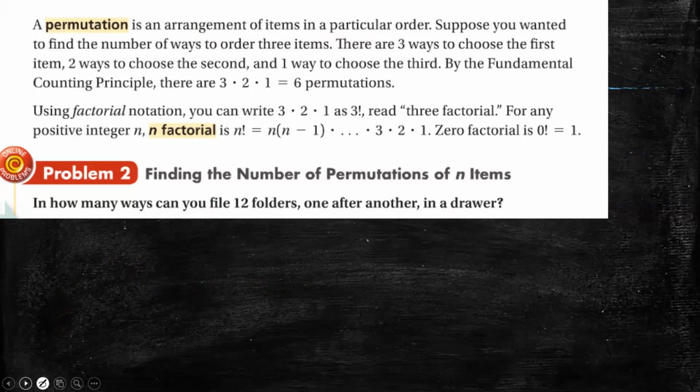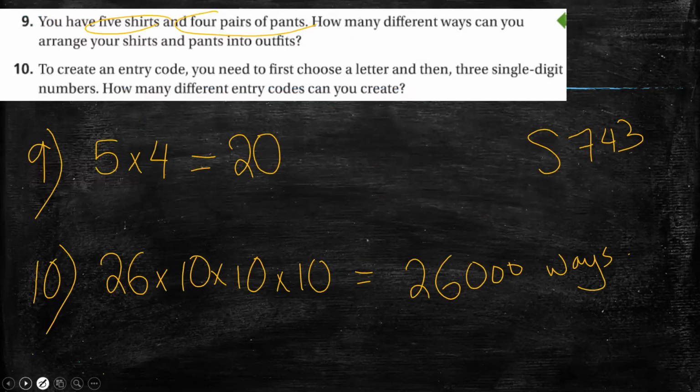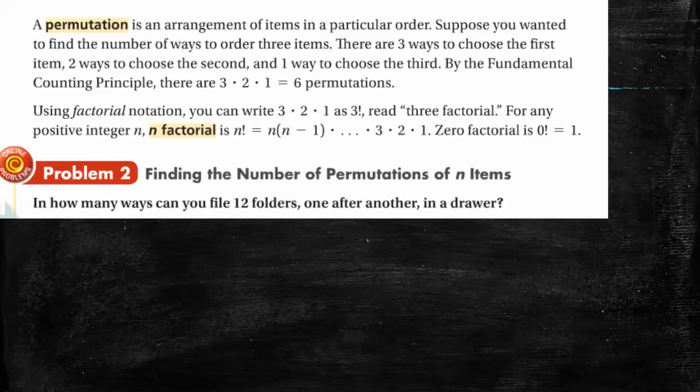Now, let's talk about permutation and combination. Permutation is an arrangement of items in a particular order. What does it mean? Like you have 10 boxes, and you want to choose 3 boxes.